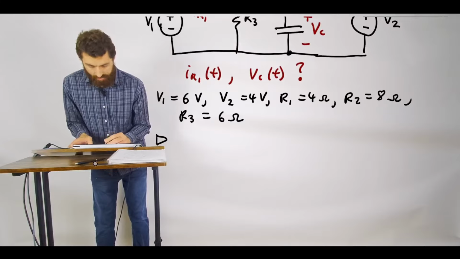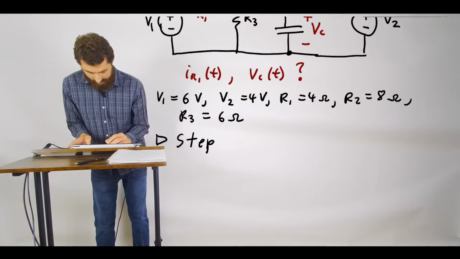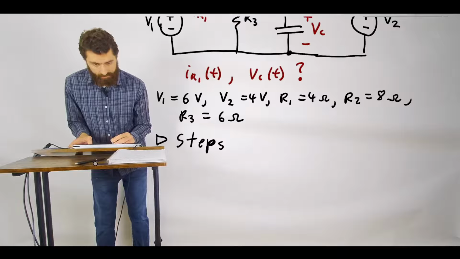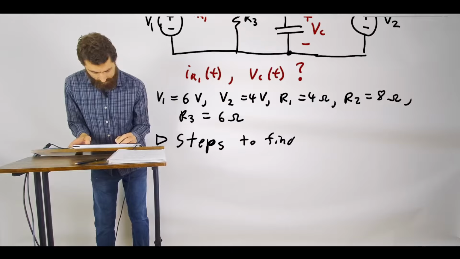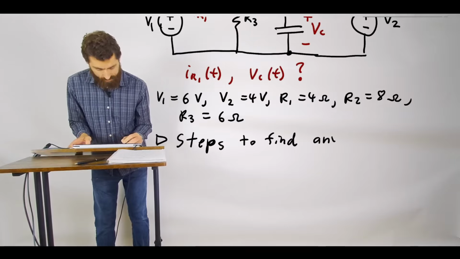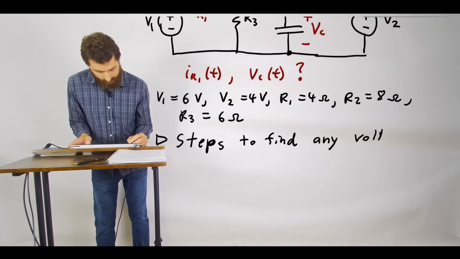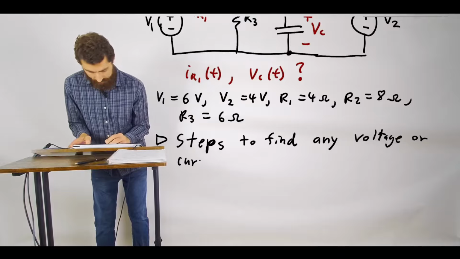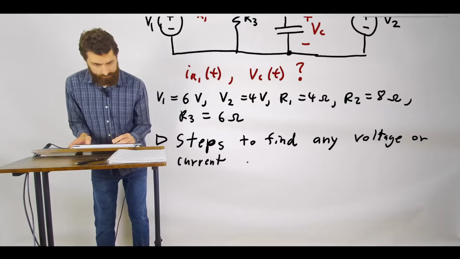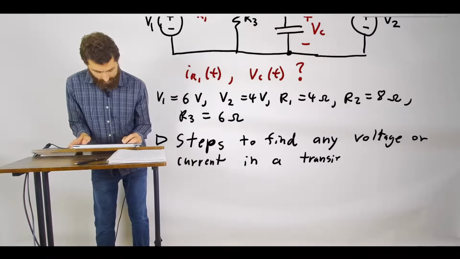So these are the steps to find any voltage or current in a transient RC or RL circuit.